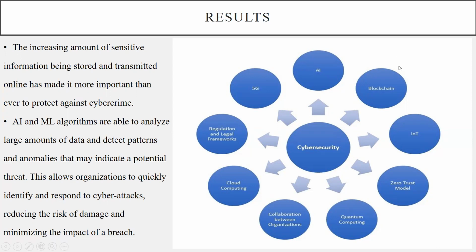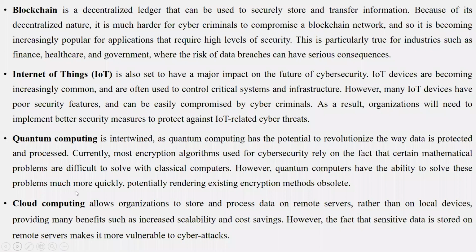AI, blockchain, IoT, quantum computing, and cloud computing are very effective methods which help against malware attacks. Blockchain has a decentralized nature, which makes it much harder for cybercriminals to compromise the blockchain network. The IoT has a major impact on future cybersecurity.